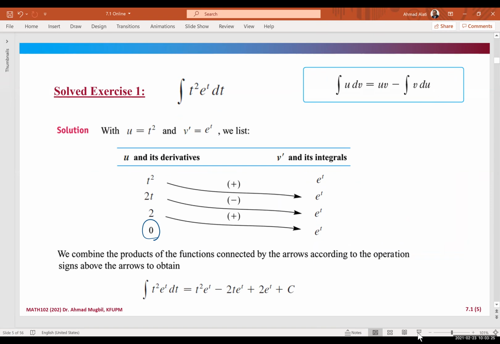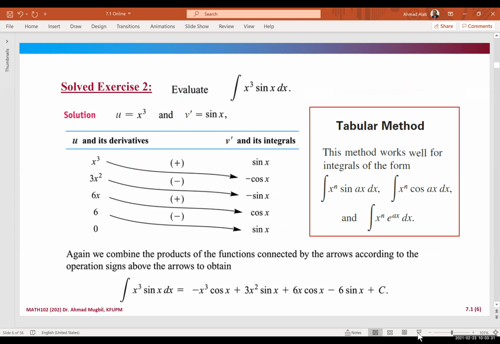Multiply this by this, minus this by this, plus this by this. You will have the same answer. We applied this method also to this integral, in which we need to integrate 3 times. Usually this tabular method works well when we have integrals of this type: a power function multiplied by sine or cosine or an exponential.